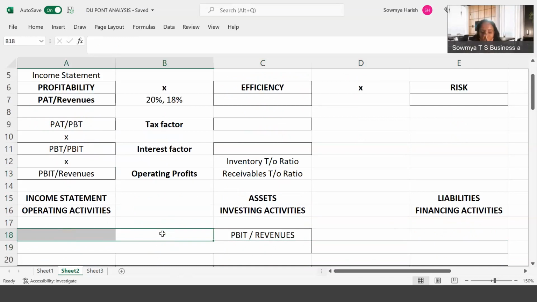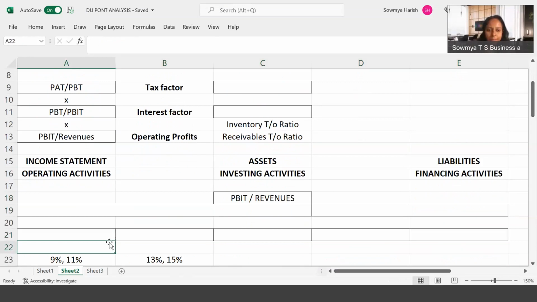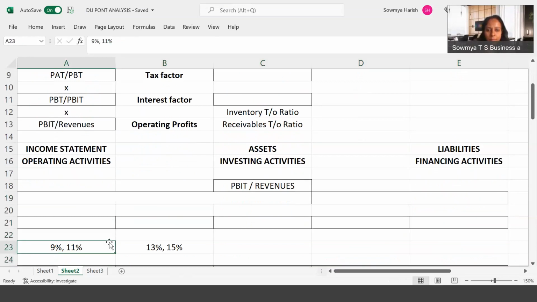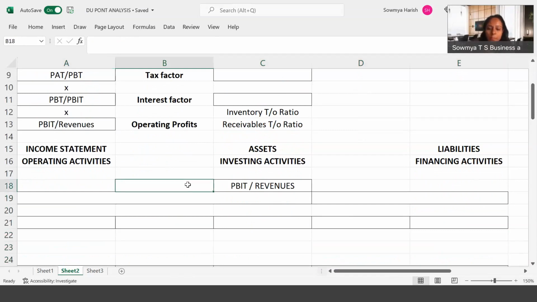Before that, let's try to understand what operating profits are. How do we arrive at operating profits? I think we have discussed this when we were picking certain information from the income statement for our analysis, to ease our analysis.